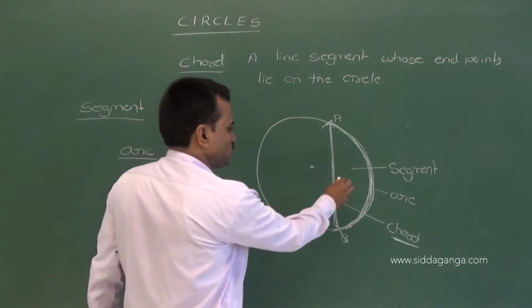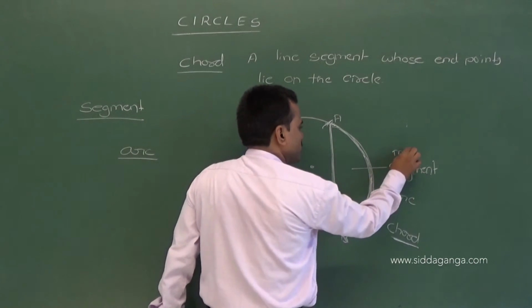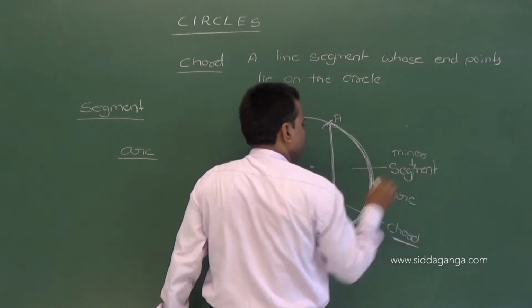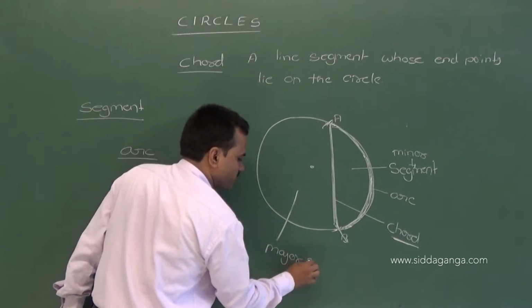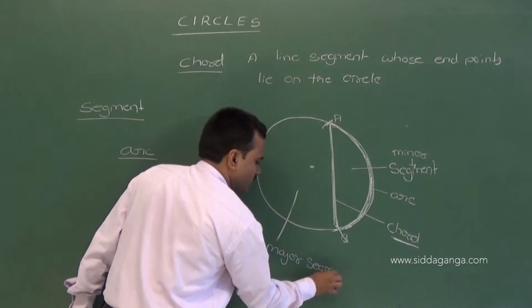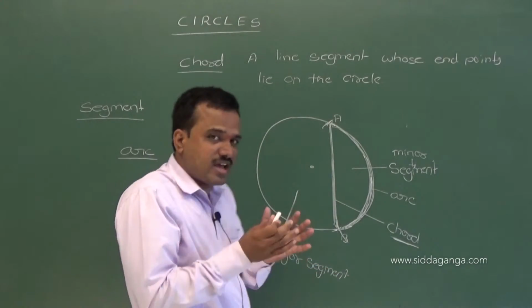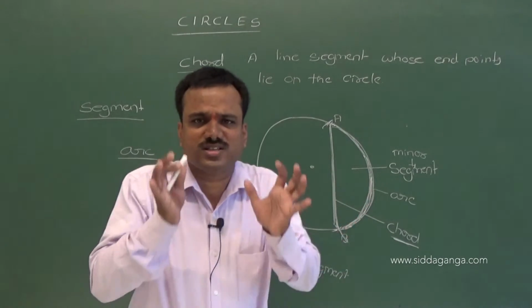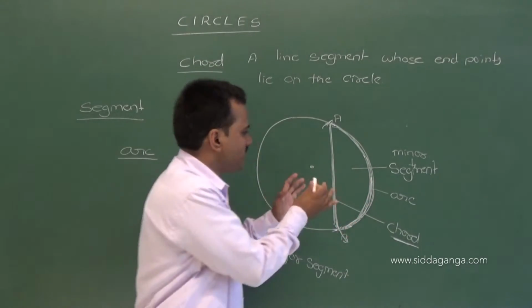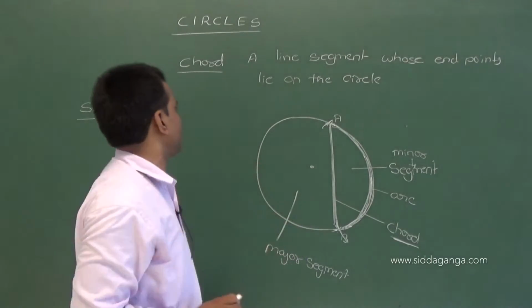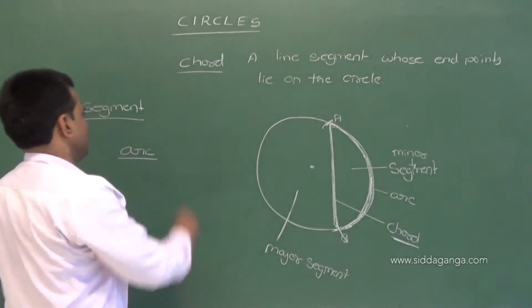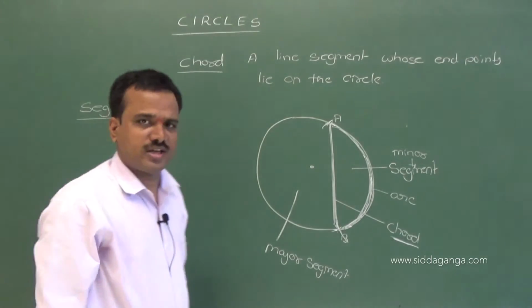So this one we call the minor segment, and this one we call the major segment. Correct? So minor segment, major segment. If the area is larger, then we say it is a major segment. If the area or region is smaller, then we say it is a minor segment. Chord is over, segment is over, arc is over.